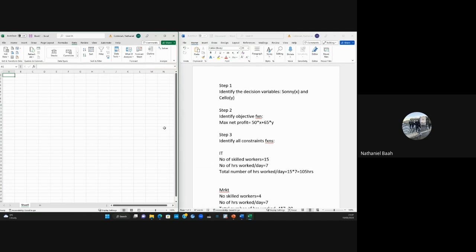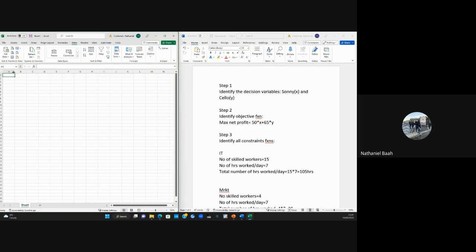Great. So now the same thing as we've done on this worksheet, we are going to input all these values on our Excel. Then we use our solver to find our optimum value and our optimum points. So now, step-by-step approach. First, we are supposed to identify our decision variables.